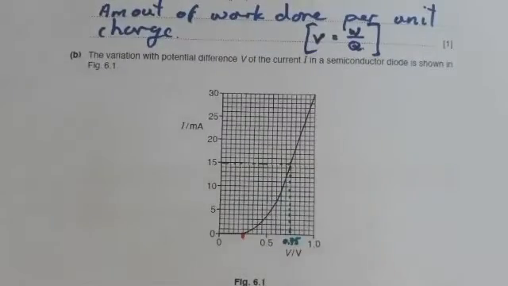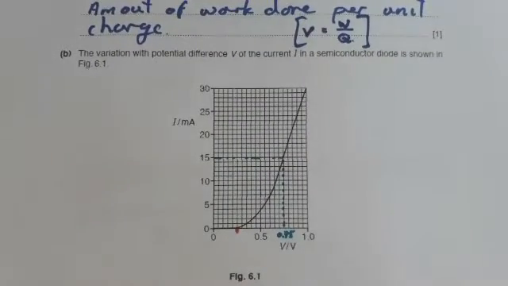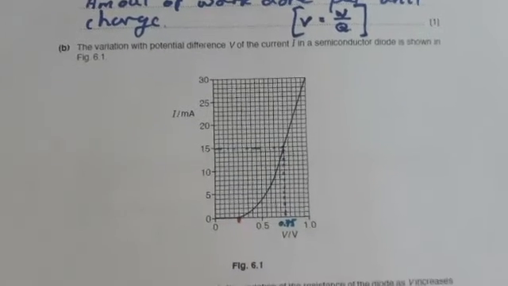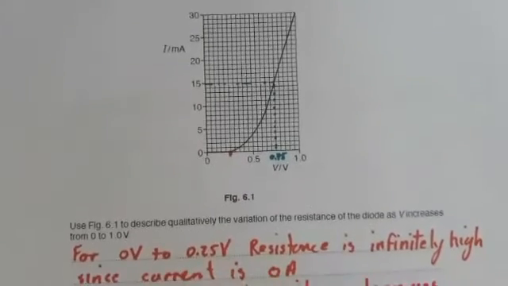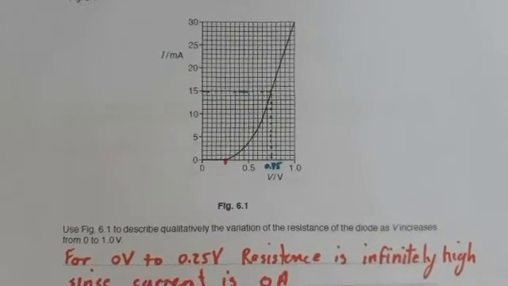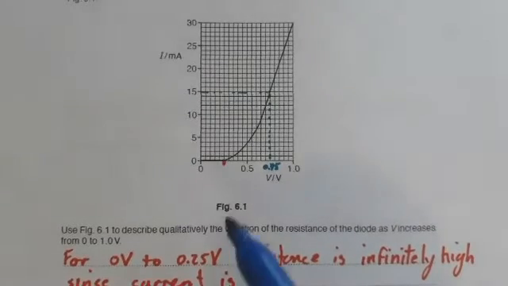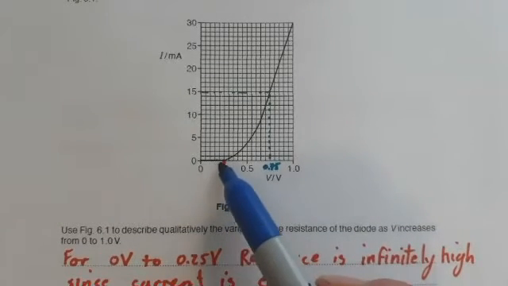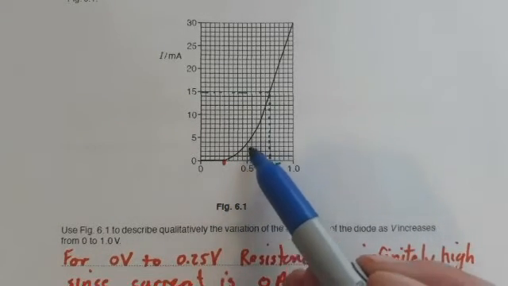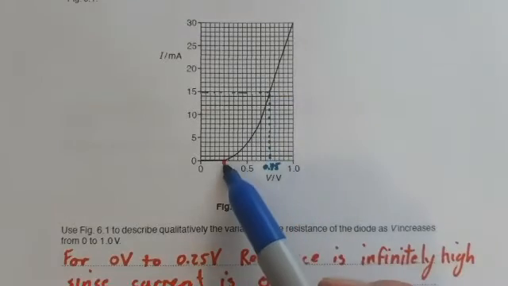B says the variation with potential difference of current is given for a semiconductor diode. A diode is shown. We haven't had many diode questions previously, but we did do the theory on this. There is no current, and then the current starts increasing past a particular point.